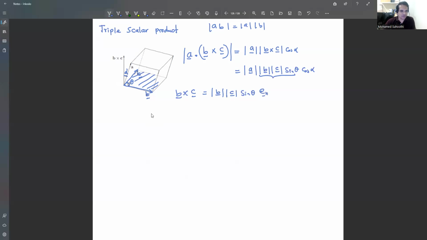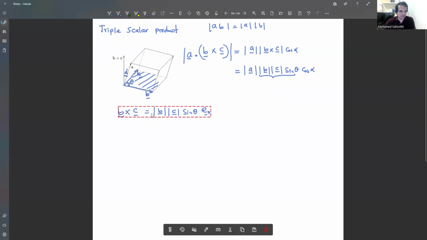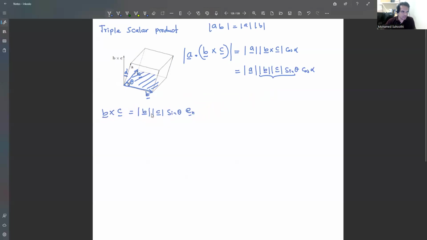When you consider only the magnitude, this En part will not come. That's what I have written here. So this one is the area of this parallelogram.